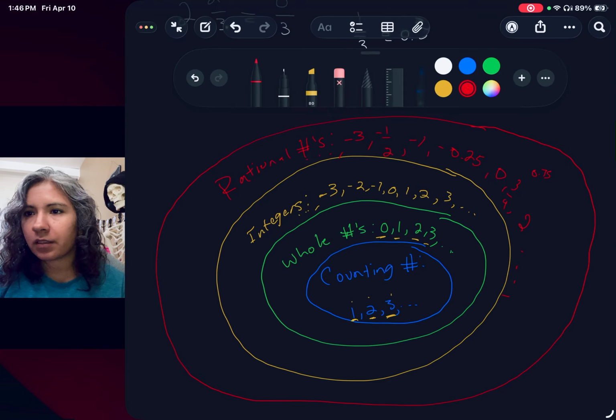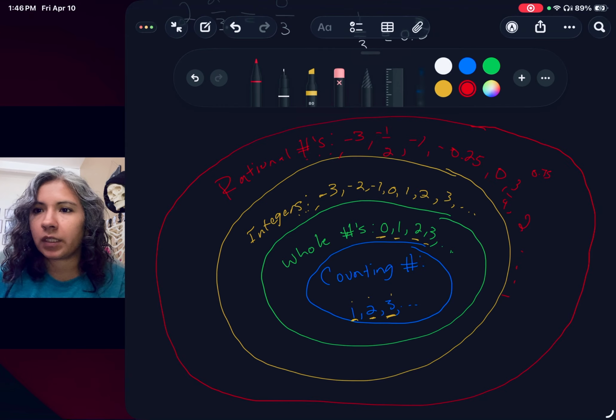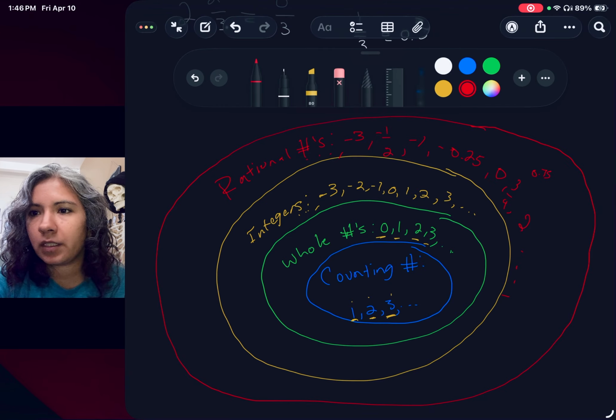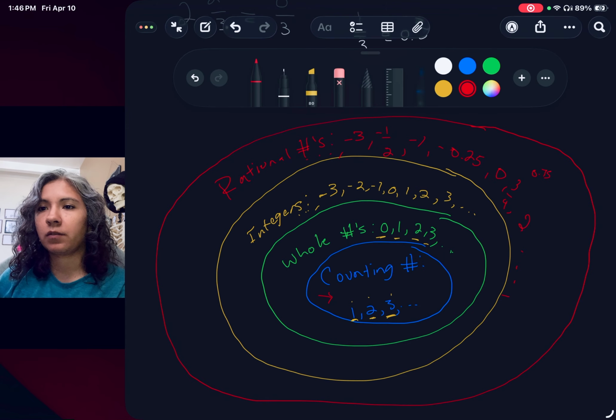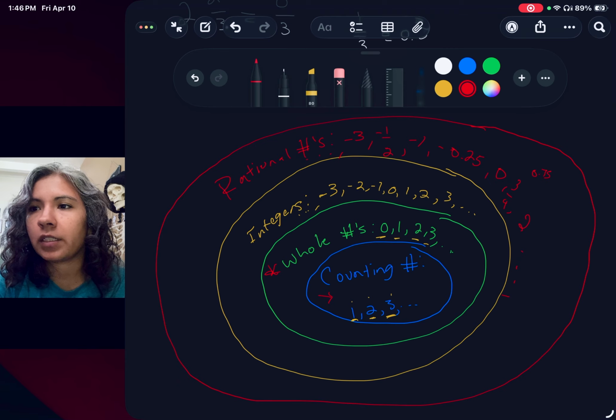So this is just a picture. If you have a rational number, it can also be an integer, a whole number, a counting number. But if you go from the inside, not all counting numbers are whole numbers, because 0 is not a counting number. Not all integers are going to be whole numbers, because -3 is not a whole number.